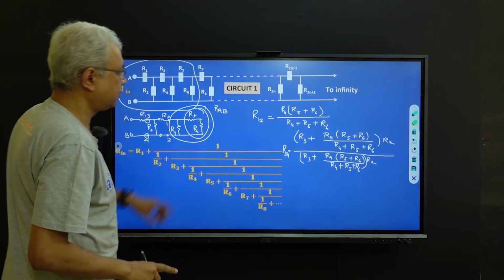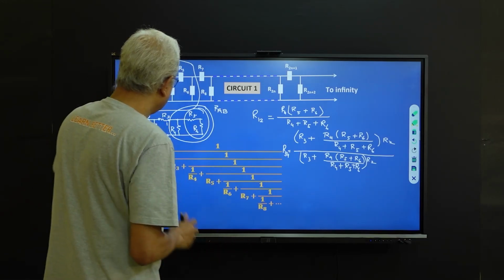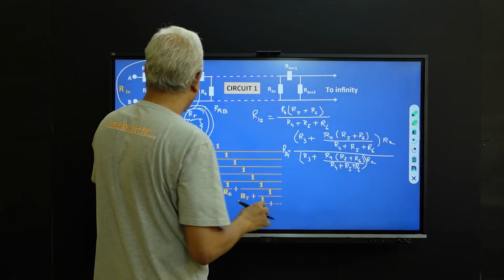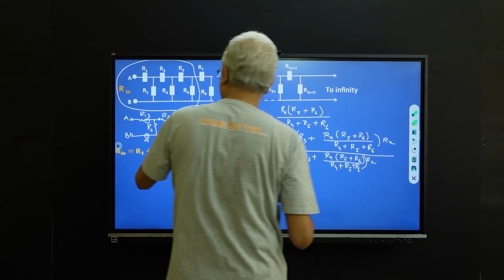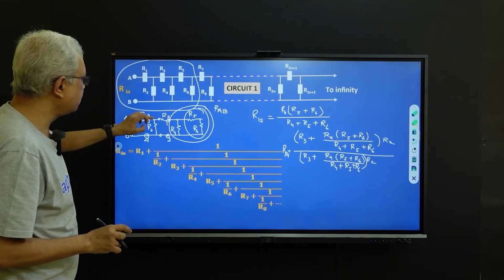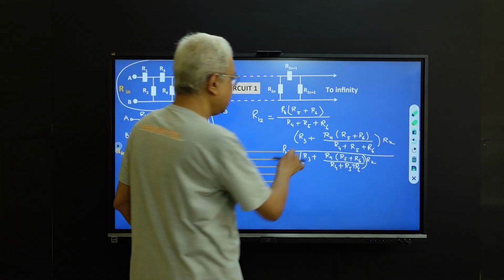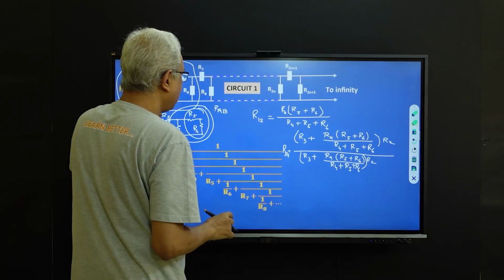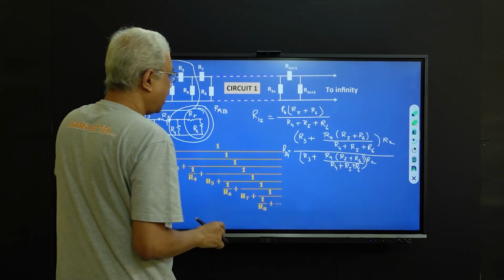So let us cross check once again. R12, the resistance between points 1 and 2, will be R4 into R5 plus R6 by R4 plus R5 plus R6. Now this R12 and R3 are in series, and therefore R3 plus this quantity, and then this series combination is in parallel with R2.